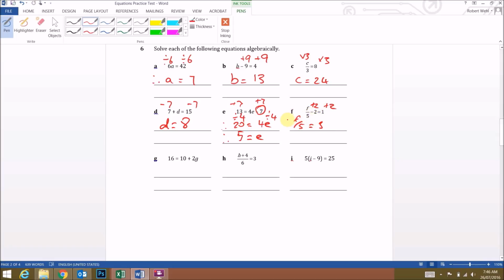And now I need to multiply each side by 5. F equals 15. Here, I need to get rid of my 10 first. Now I need to divide by 2.